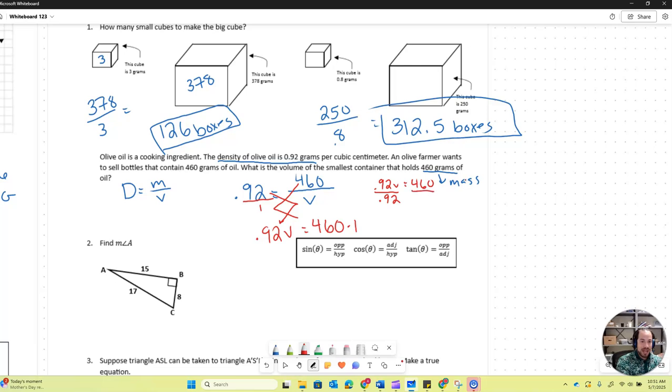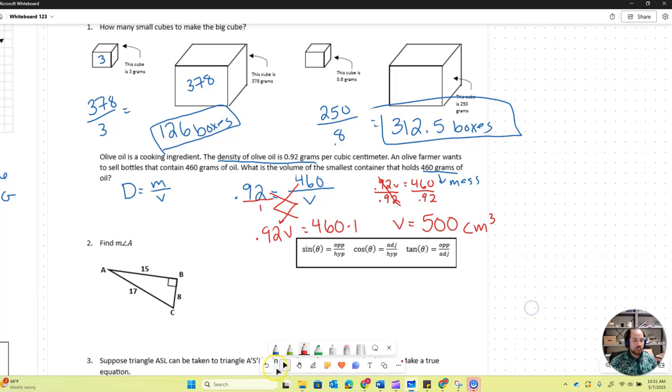We're going to divide by 0.92 to get V by itself. 460 divided by 0.92 gives me 500. So this would be a volume of 500 cubic centimeters. Remember, volume we measure in cubic units.